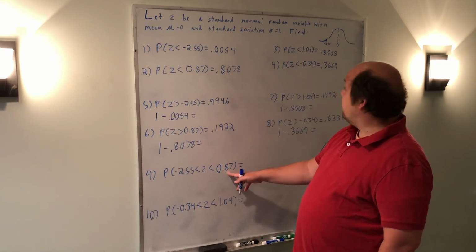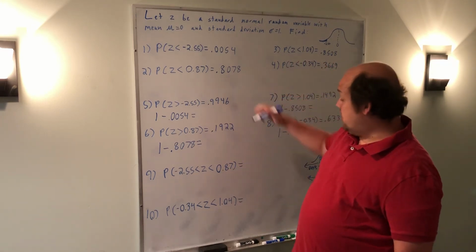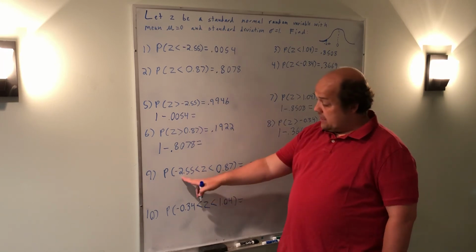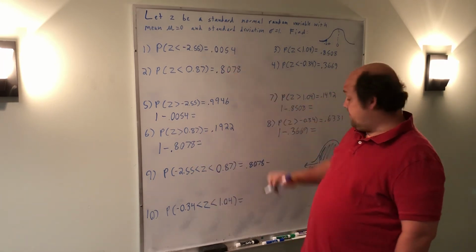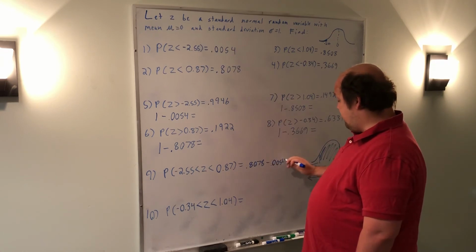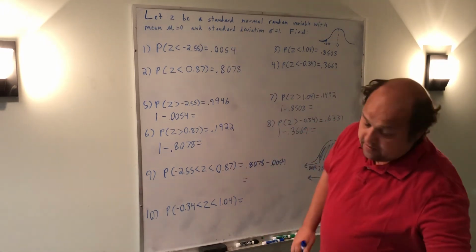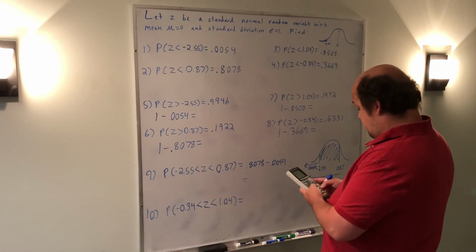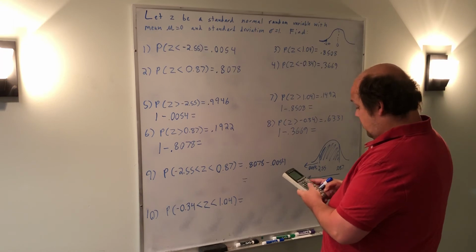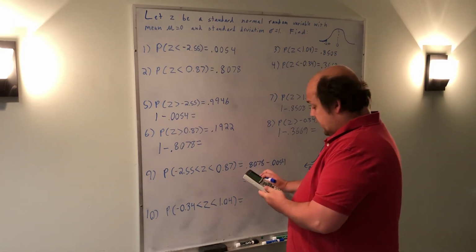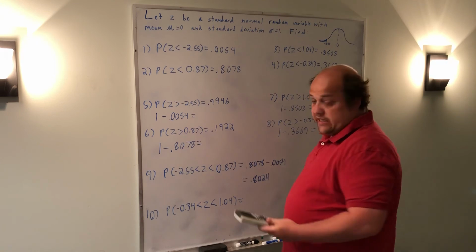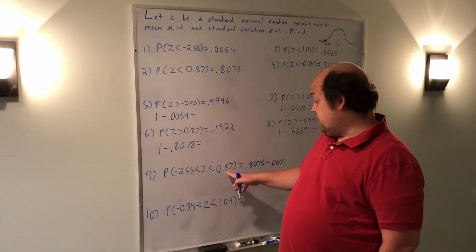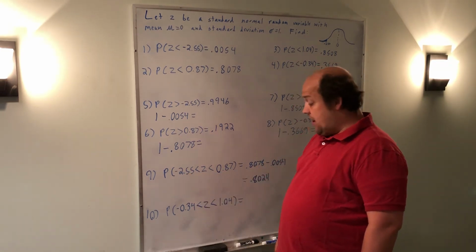So the table value for 0.87 was 0.8078. We're going to subtract from that the table value for negative 2.55, 0.0054. When I put 0.8078 minus 0.0054 into my calculator, I get 0.8024, which is the correct probability of z being between 0.87 and negative 2.55.